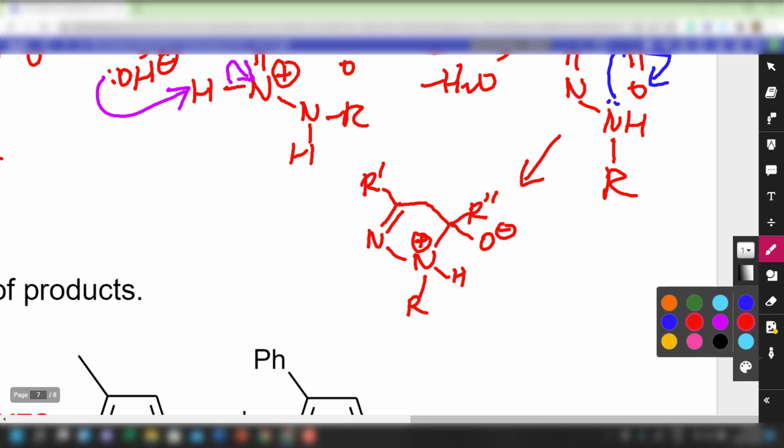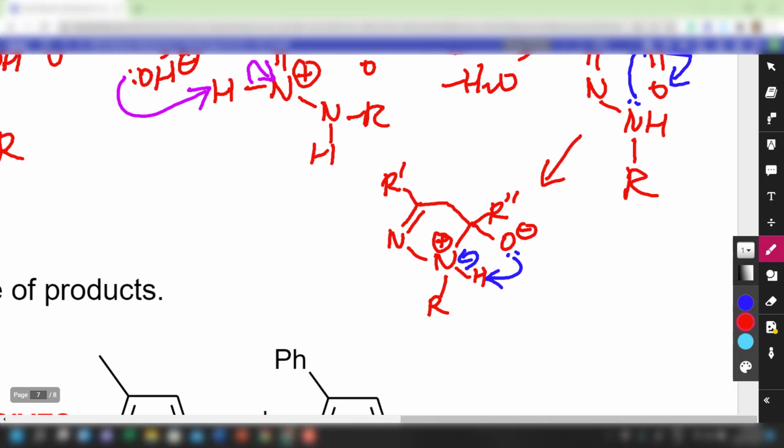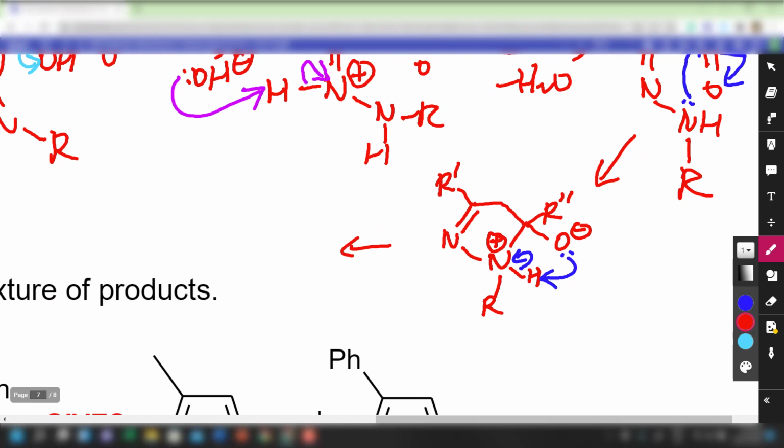And then this serves as a good opportunity for an intramolecular proton transfer in order for me to neutralize the charge at the nitrogen, and at the same time to create a possible leaving group so that it can leave. When this happens, you notice that we are getting closer and closer to our answer.